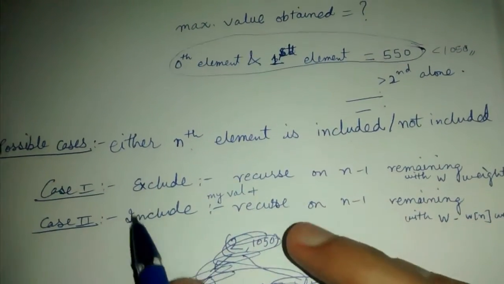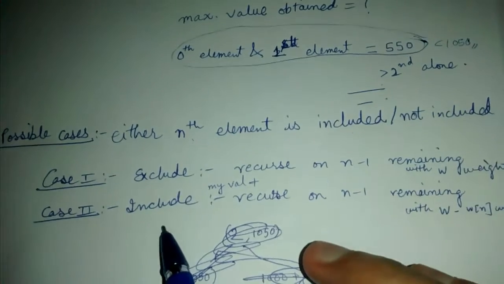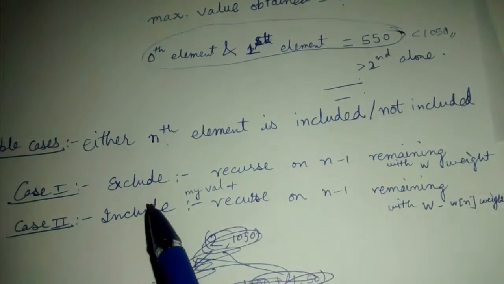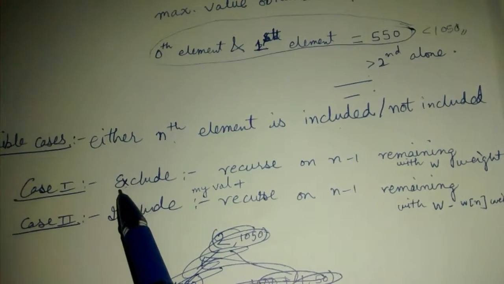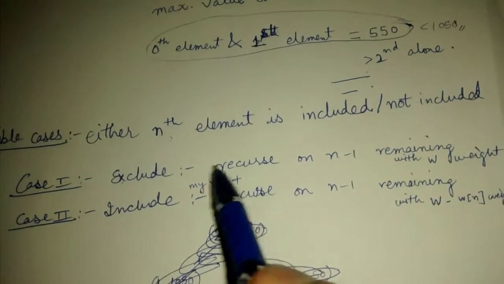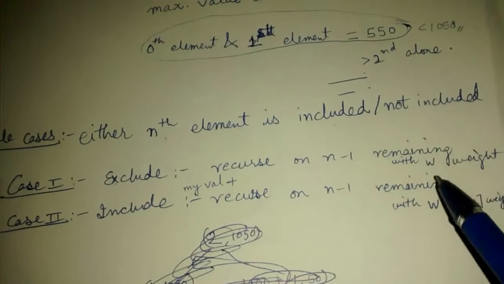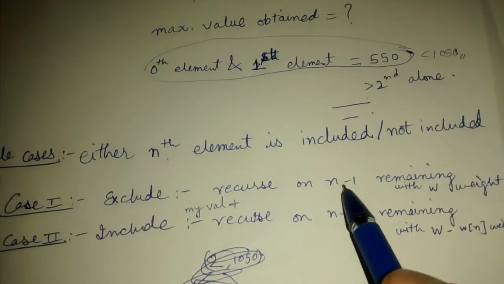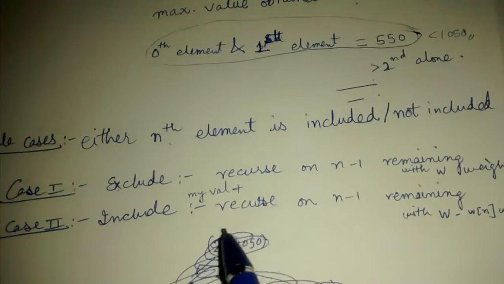So we will consider the two cases one by one and hence exhaustively cover all the cases. First is exclude. So we are excluding that element. So we still have W weight capacity and we recurse on the n-1 remaining elements.